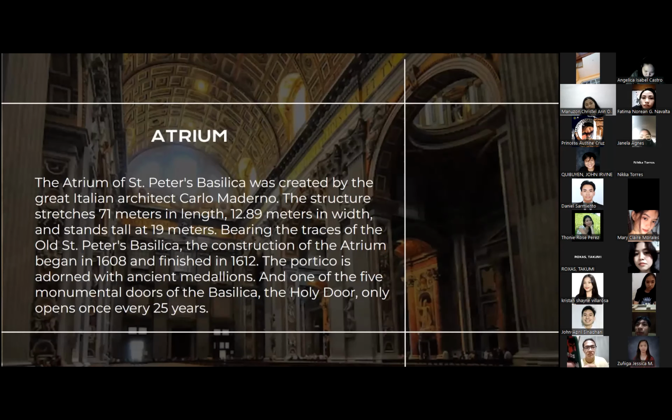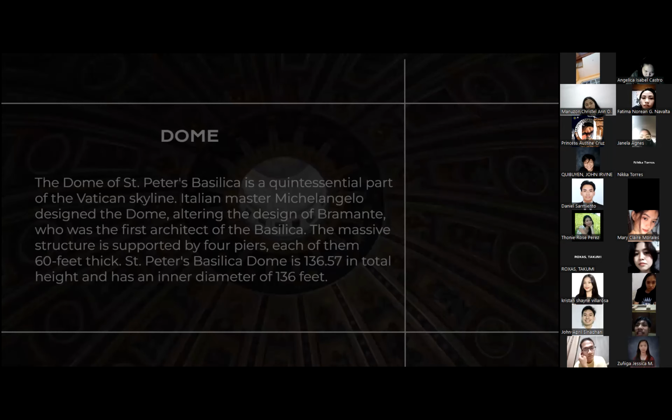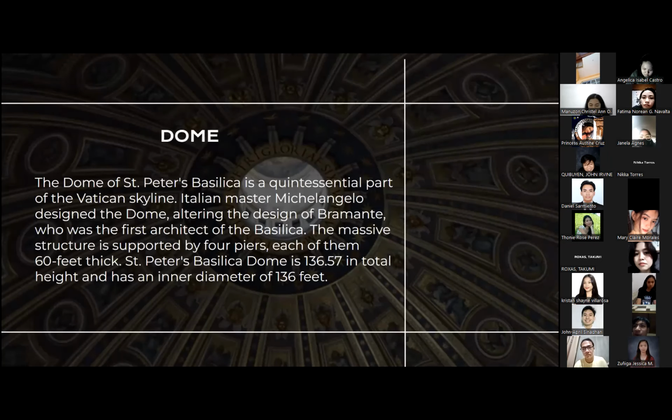Dome. The dome of St. Peter's Basilica is a quintessential part of the Vatican skyline. Italian master Michelangelo designed the dome, altering the design of Bramante, who was the first architect of the basilica. The massive structure is supported by four piers.